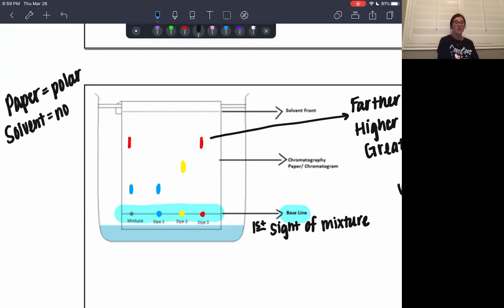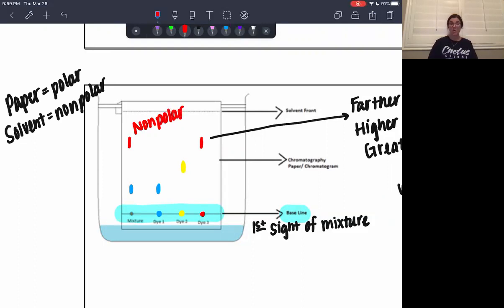So my red dye, or my dye 3, since it has a greater affinity to my solvent, it moves farther. That means that it's likely going to be non-polar. I'll write it in red because it's obviously very attracted to the solvent.